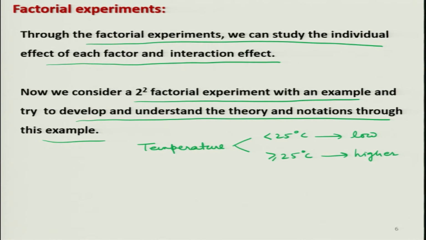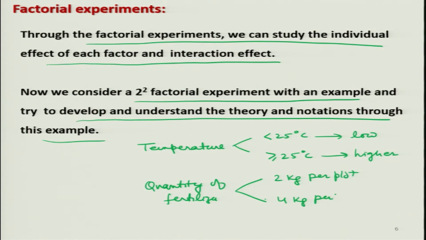Well, this 25 I have chosen, but this can be any other number, right? And similarly, if I take another factor, say quantity of fertilizer, in case I give 2 kg of fertilizer, say per plot, or I give 4 kg of fertilizer per plot, right.